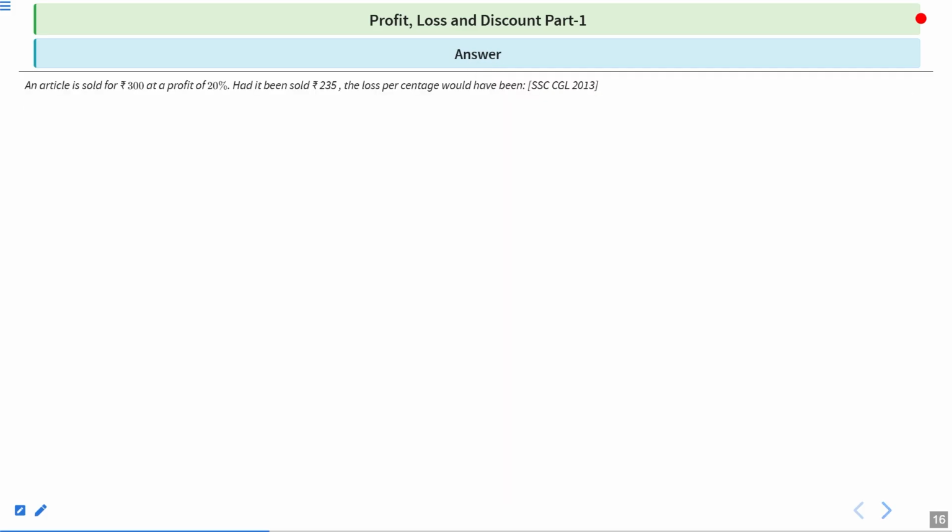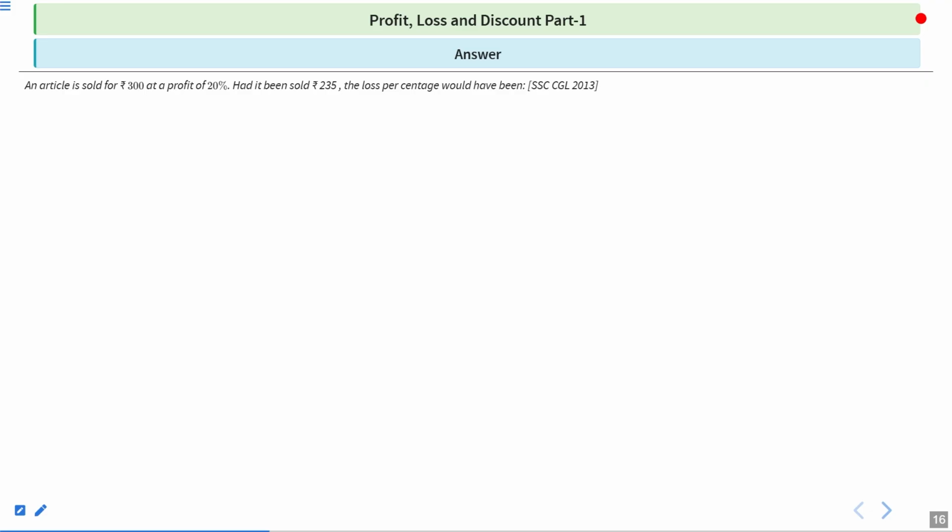So an article is sold for 300 rupees at a profit of 20%. So we can say that 300 is the selling price, and this should be equal to 120% of the cost price, because it is given that when the product is sold at 300 rupees, the person got a 20% profit.